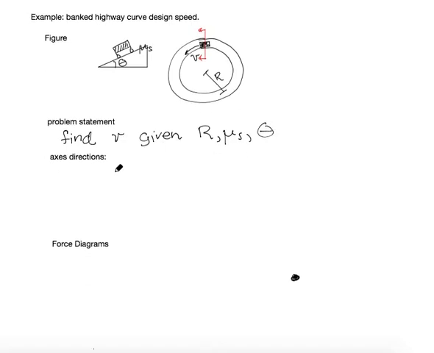Axes directions: looking at it from the side, you've got the x hat direction, the y hat direction, and going up is the z hat direction. Looking at this figure, this is the y hat, and going out of the page would be z hat.